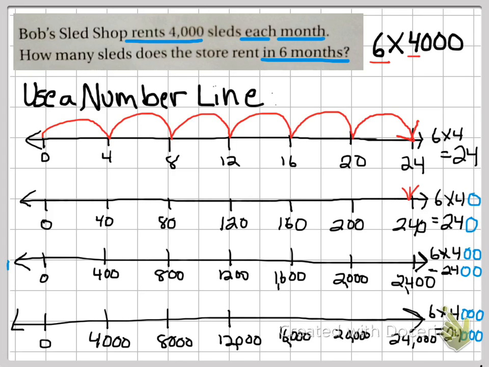We're going up by groups of 4,000: 4,000, 8,000, 12,000, 16,000, 20,000, 24,000. So knowing our basic facts can help us with these greater amounts, which are powers of 10 of the basic facts.